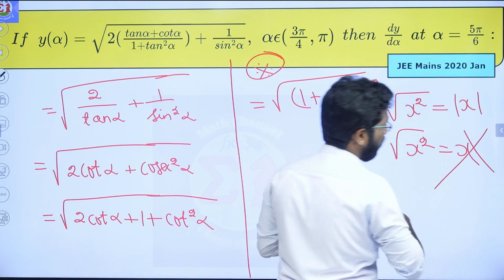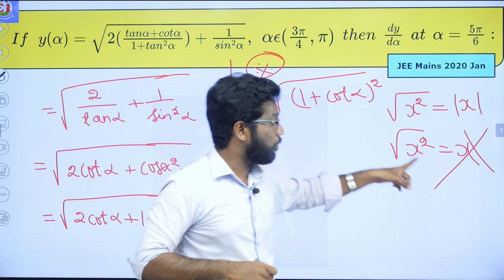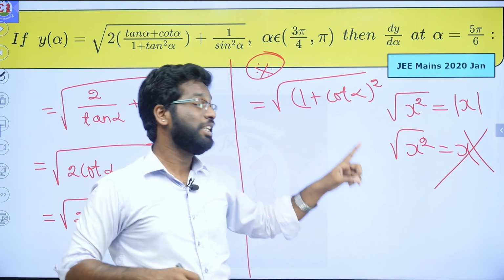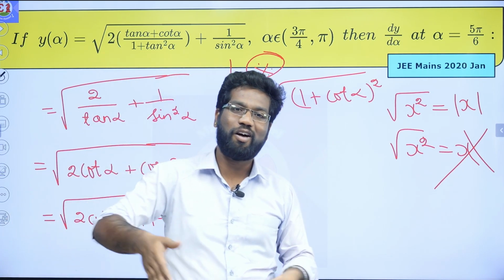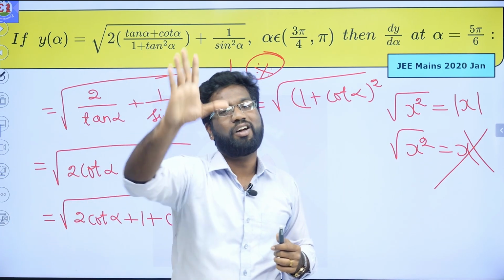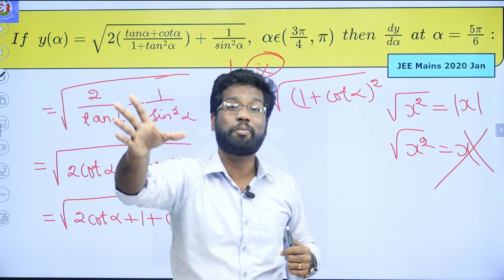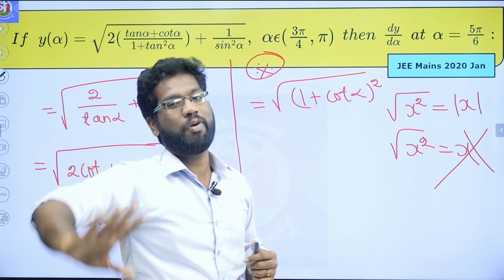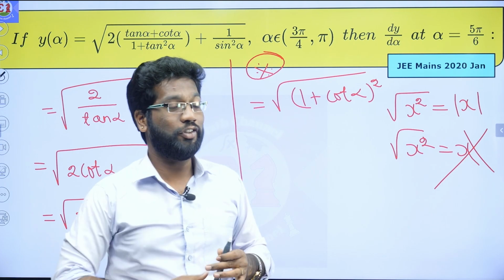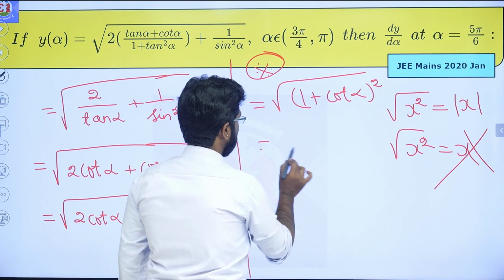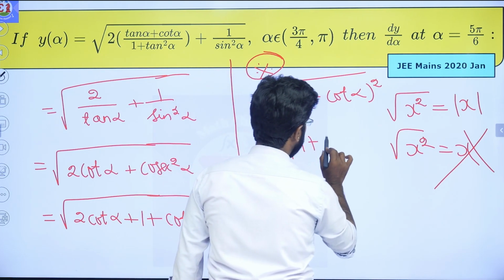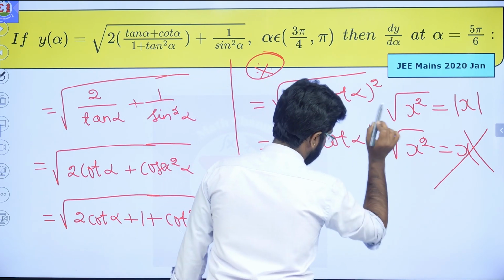This is totally wrong, my dear students. Then your problem goes in the wrong way, whatever you solved till now goes in the wrong direction, you will get the wrong answer, lose your marks, and get negative marks. So be careful. Square root of a whole square means mod x. So here we will get mod of 1 plus cot alpha, my dear students.